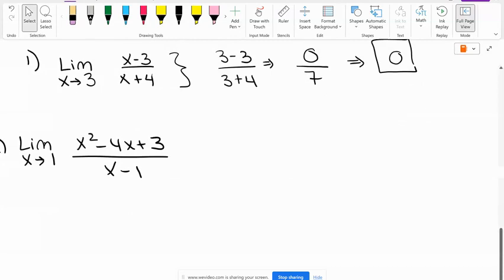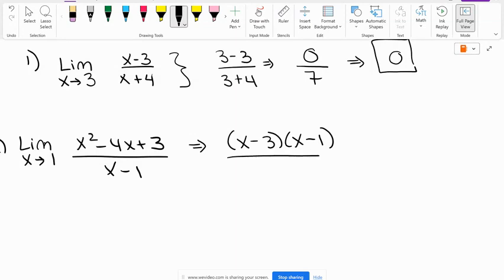For the next one, if you try direct substitution right away, what will happen? 0 in the denominator. Are we allowed to have that? No. So then we look at this and say, well, can I try to simplify this at all? Yeah. What can we do with the numerator? Yeah, we can factor it. X minus 3, x minus 1.